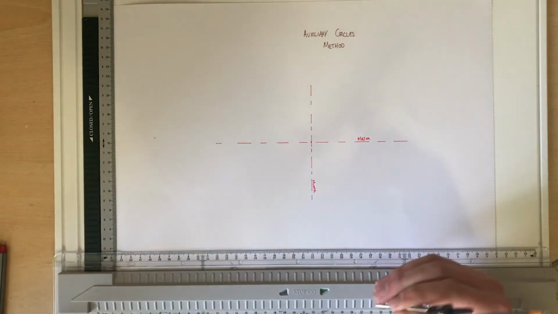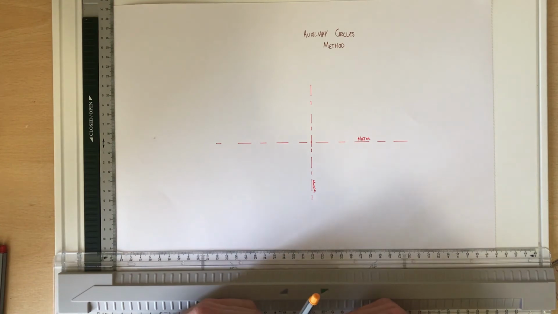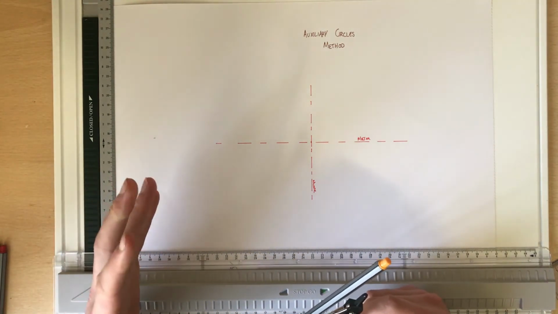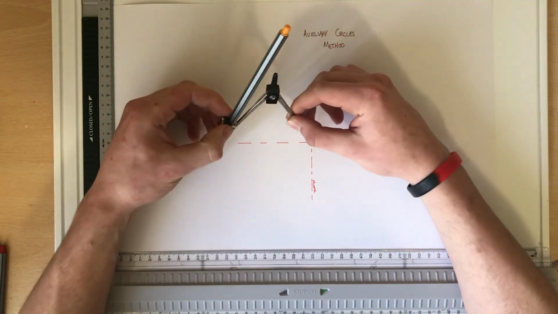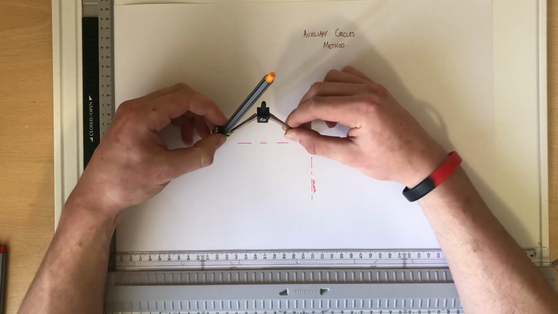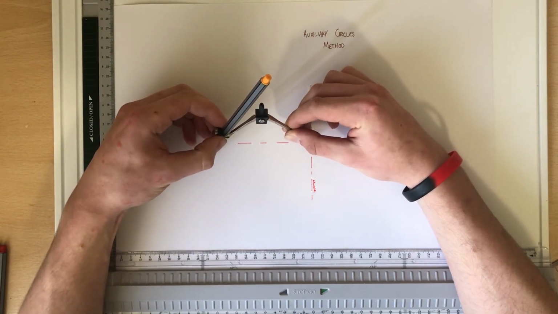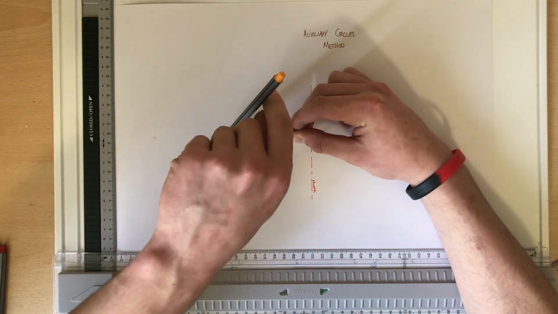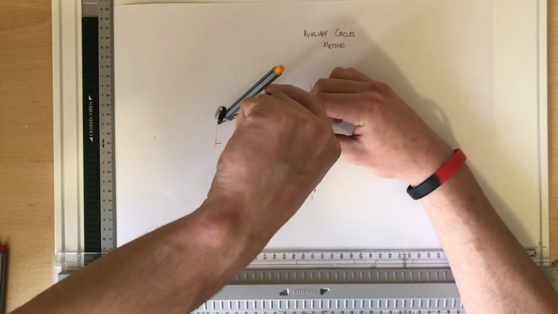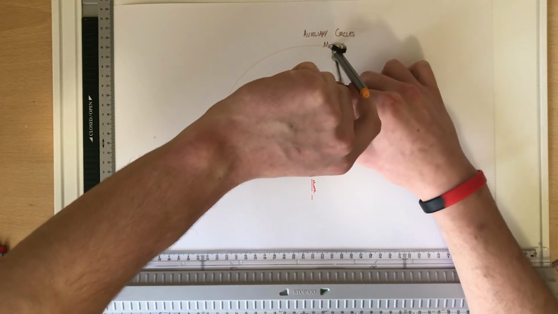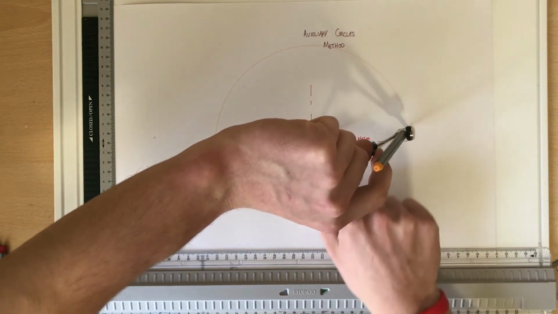So we're going to talk about auxiliary circles. The auxiliary circles of an ellipse are the circles that are made with half the length of the major axis as one radius.